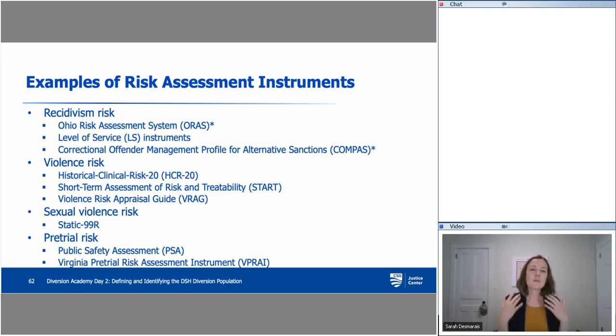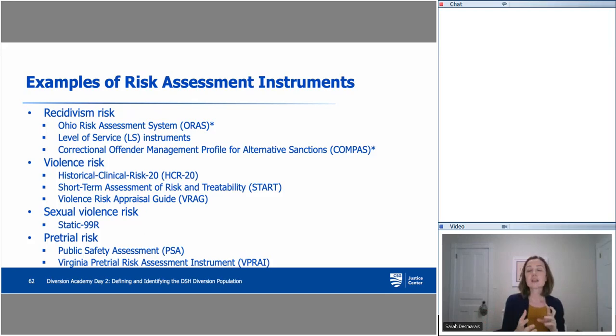They're primarily focused on whether the individual will fail to appear in court or engage in new criminal activity during the pretrial period, which is a bit of a difference from what we're thinking about here if we're talking about risk assessment in the context of mental health diversion.